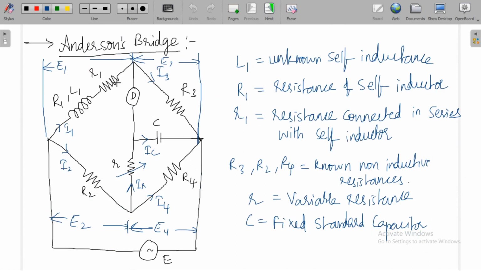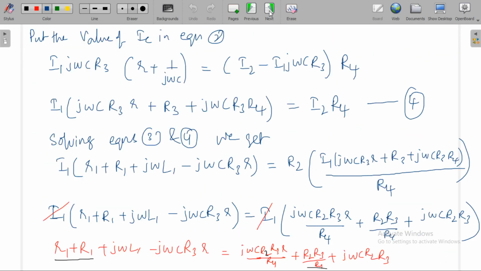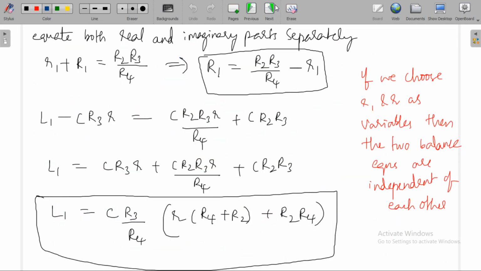This is also called as 5-point bridge, because it is having 5 junctions. 1, 2, 3, 4, 5. That's why it's called as 5-point bridge. In this bridge, we choose R1 and R as variables.